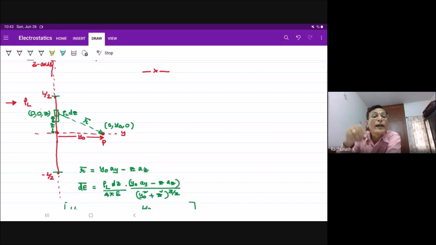We considered one element at a distance z. Basically, when the z coordinate of the point is z, I would have considered in the course of integration an element which is at minus z from the origin.